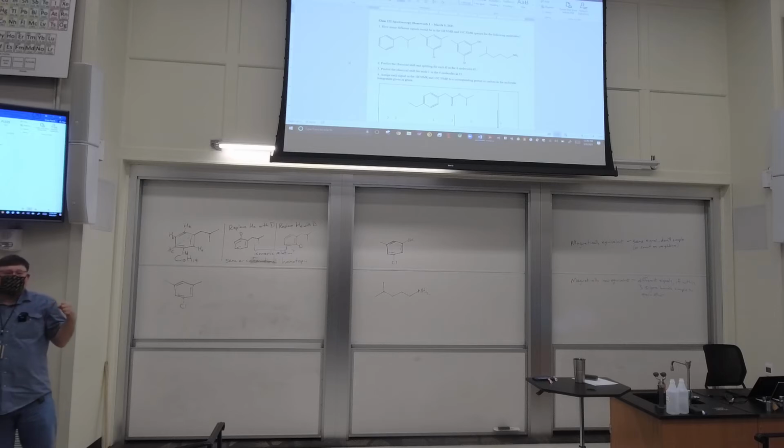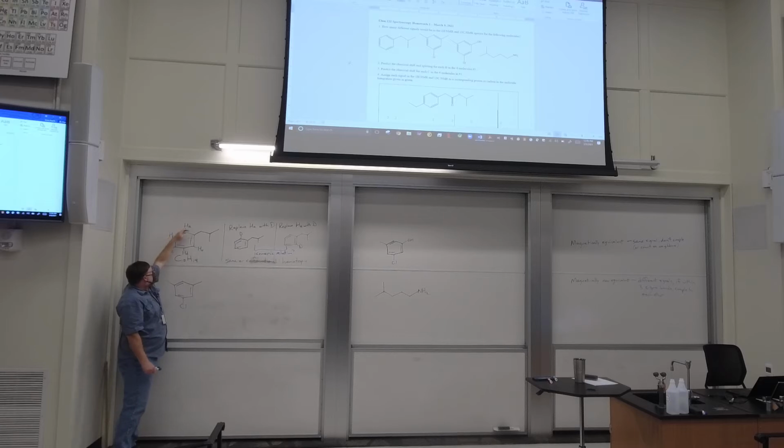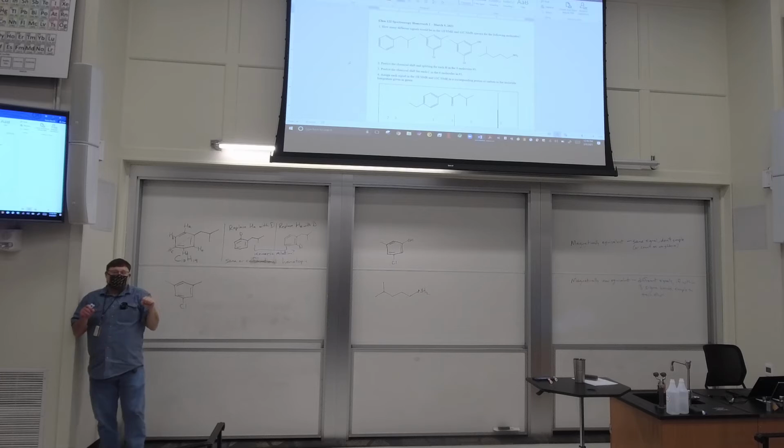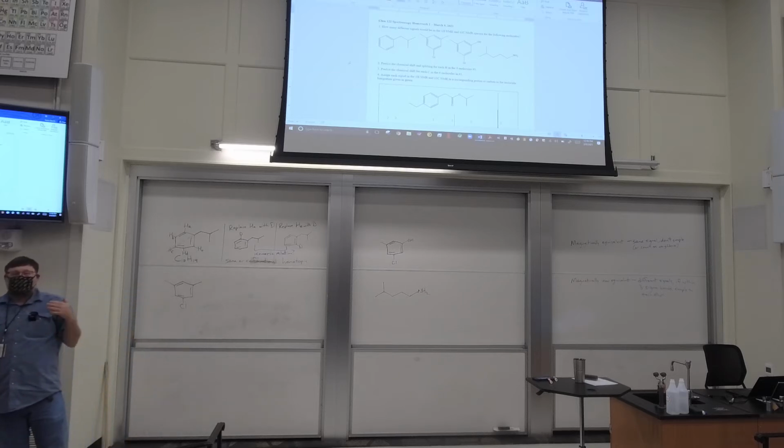Those are the same protons. HA is on a carbon that's bonded to another aromatic carbon that's got an isobutyl group on it. HE is bonded to an sp2 aromatic carbon that's next to an isobutyl group. Both of them are next to an sp2 atom with one proton. So HA and HE are the same, and that means those two protons are going to give you the same signal.